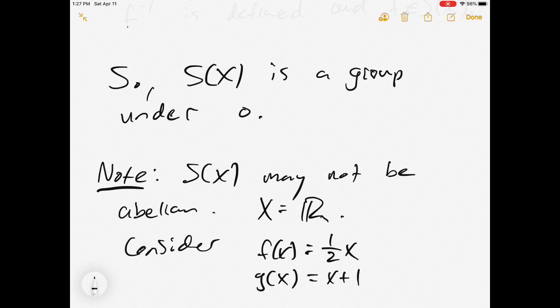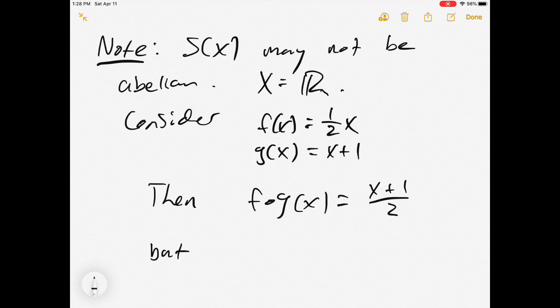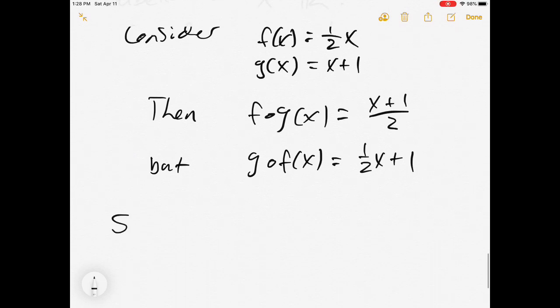Then we have that f composed with g of x is equal to x plus 1 over 2. But g composed with f of x is equal to 1/2 x plus 1. So f composed with g is not equal to g composed with f in this case.